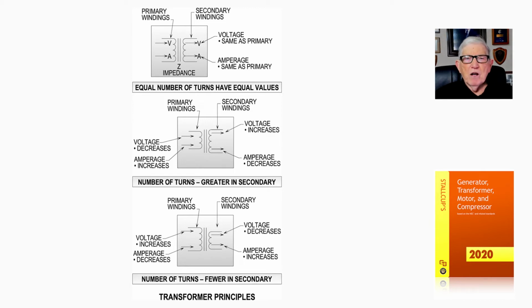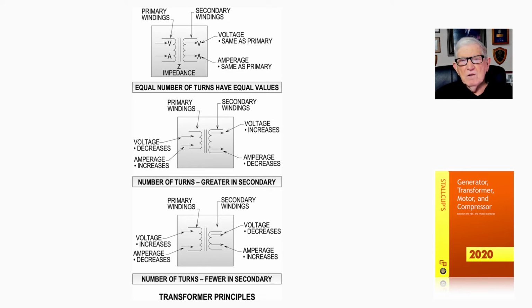So you see primary winding voltage in amps is equal to secondary voltage in amps, as you see in the illustration.